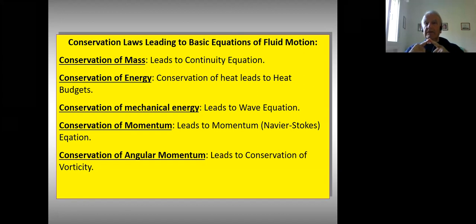Conservation of heat leads to the heat budget. Conservation of mechanical energy leads to the wave equation. Conservation of momentum leads to the momentum or Navier-Stokes equation. And finally, conservation of angular momentum leads to the conservation of vorticity. So these are the five conservation laws, which give us the five different equations used to solve problems in geophysical fluid dynamics.